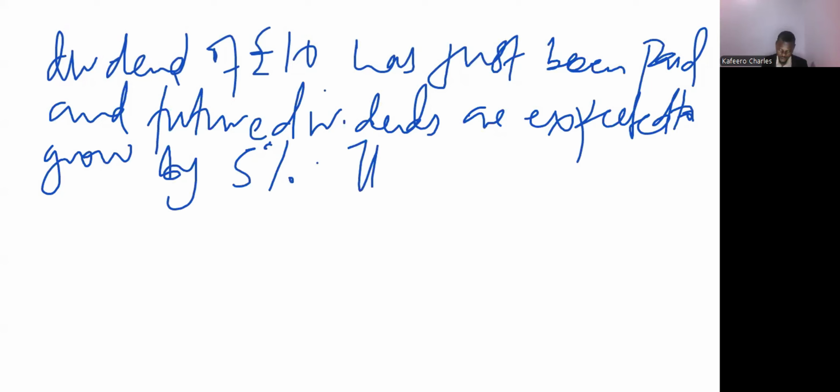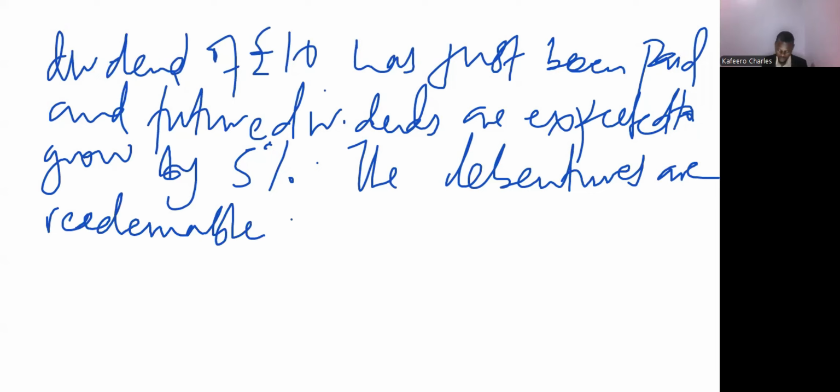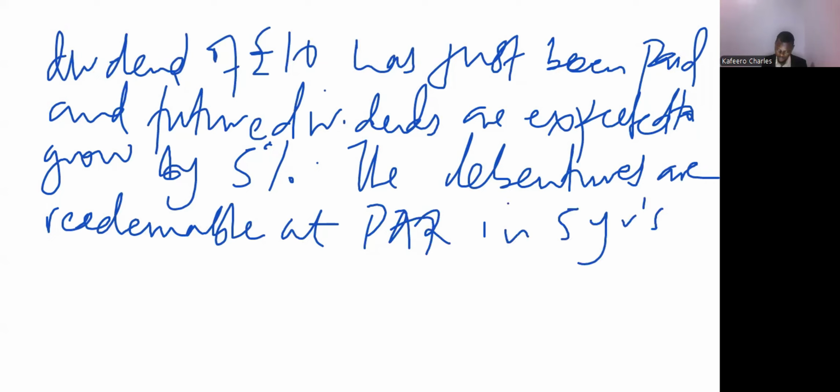So the debentures are redeemable at par in 5 years time.